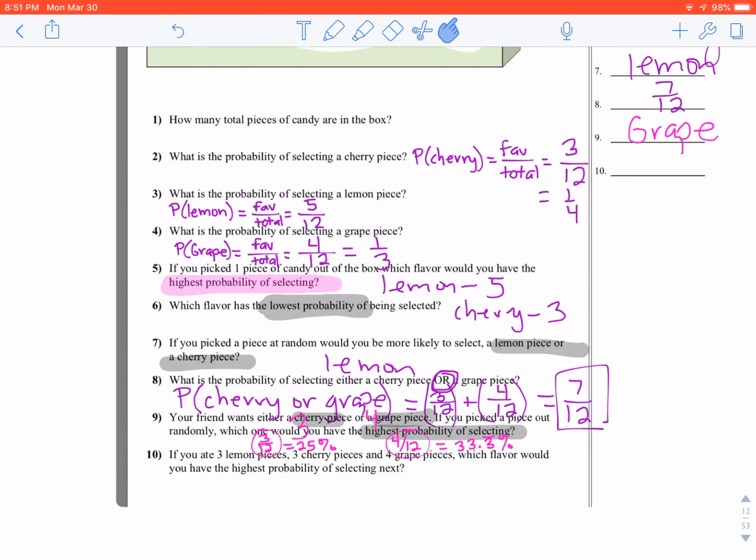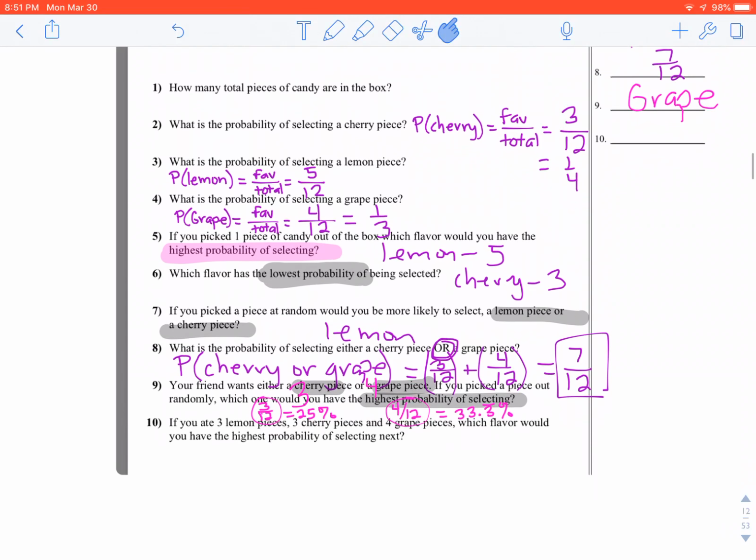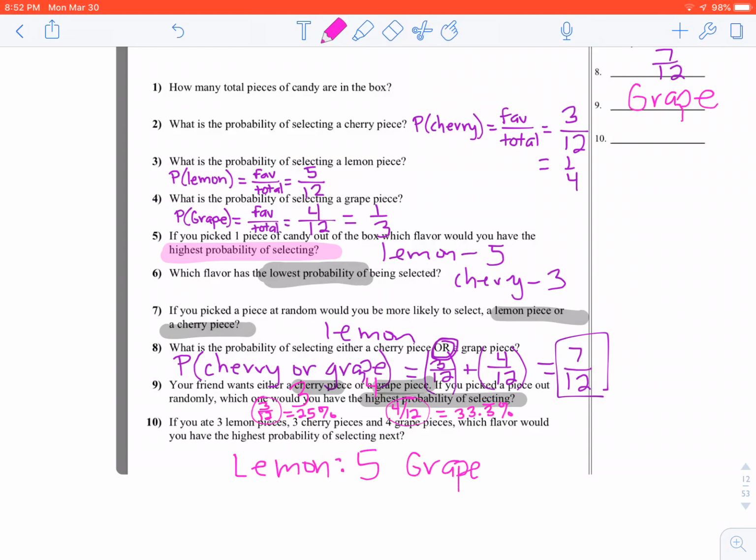Okay, so let's look at the last one here. The last one said if you ate 3 lemon pieces, 3 cherry pieces, and 4 grape pieces, what flavor would you have the highest probability of selecting next? So let's list first our lemon, which currently has 5, our grape, which currently has 4, and our cherry, which currently has 3.